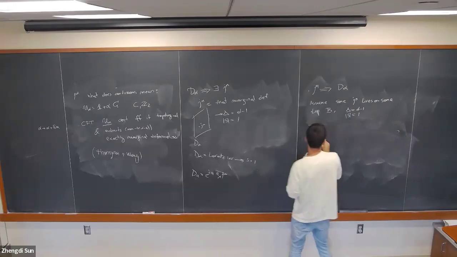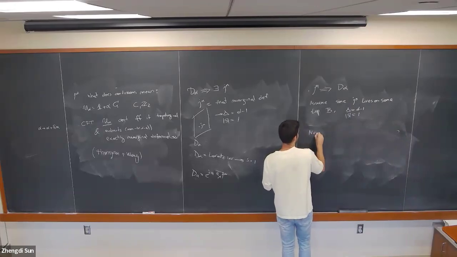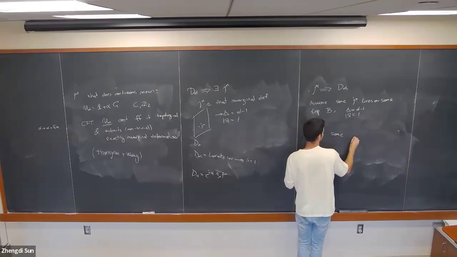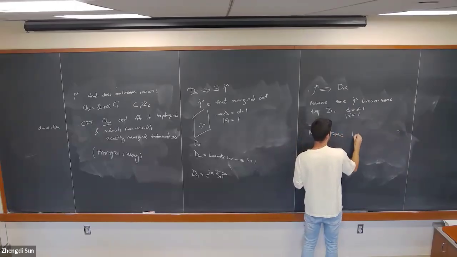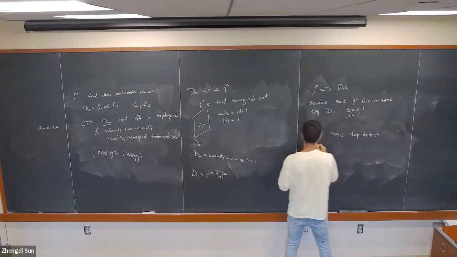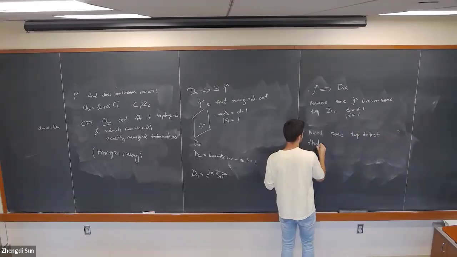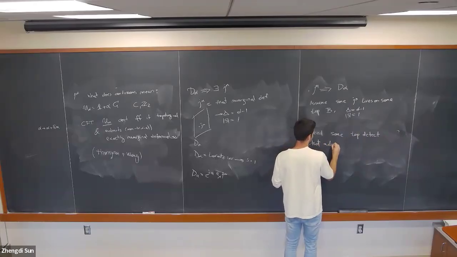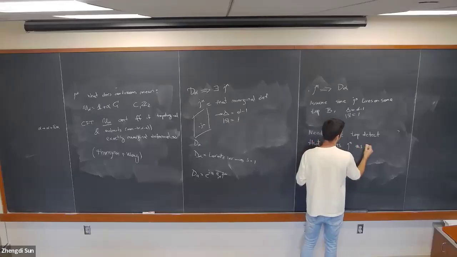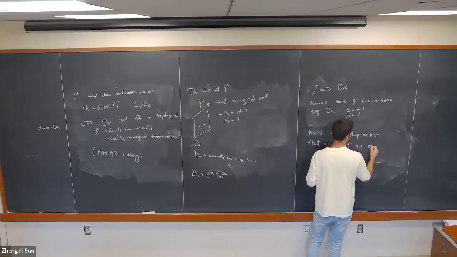And so what we need is some topological defect that makes J mu an exactly marginal deformation.